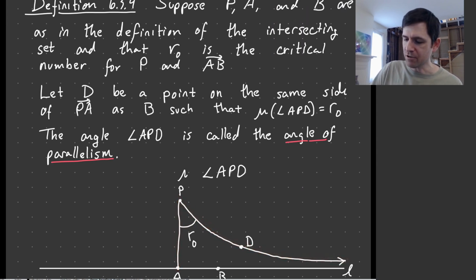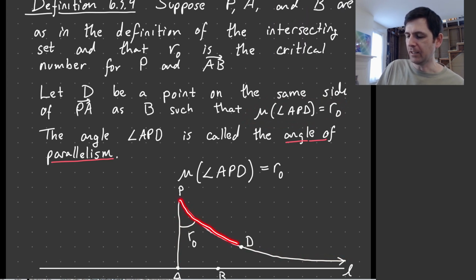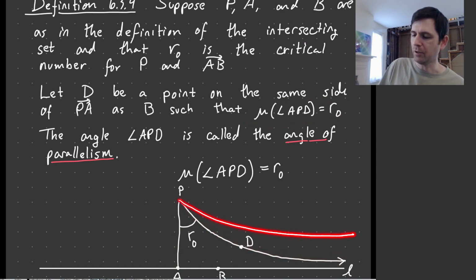If I were to look at the measure of APD, then of course that is R naught, and that's just by the definition of the angle. Right, so the critical number is the measure of the angle of parallelism. The angle of parallelism is sort of the smallest angle where I get a parallel line. Of course, if I made any larger angle, I would also get a parallel line. Everything in here is going to be parallel to L.